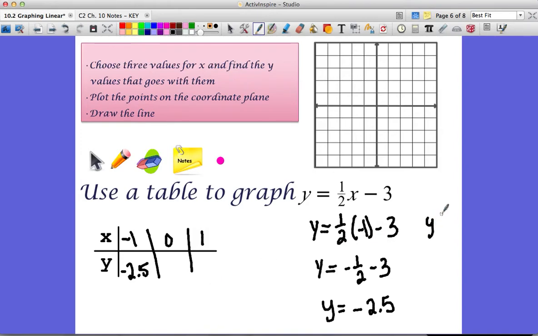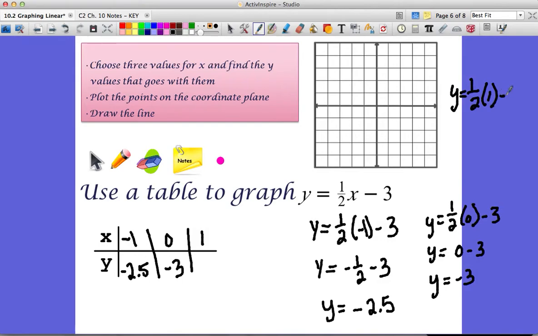So the next one, y is equal to 1/2 times 0 minus 3. Y is equal to 0 because 1/2 times 0 is 0, minus 3. So y is equal to -3. And then for the third one, I have y is equal to 1/2 times 1 minus 3. So y is equal to 1/2 minus 3. And actually, I made a mistake here.